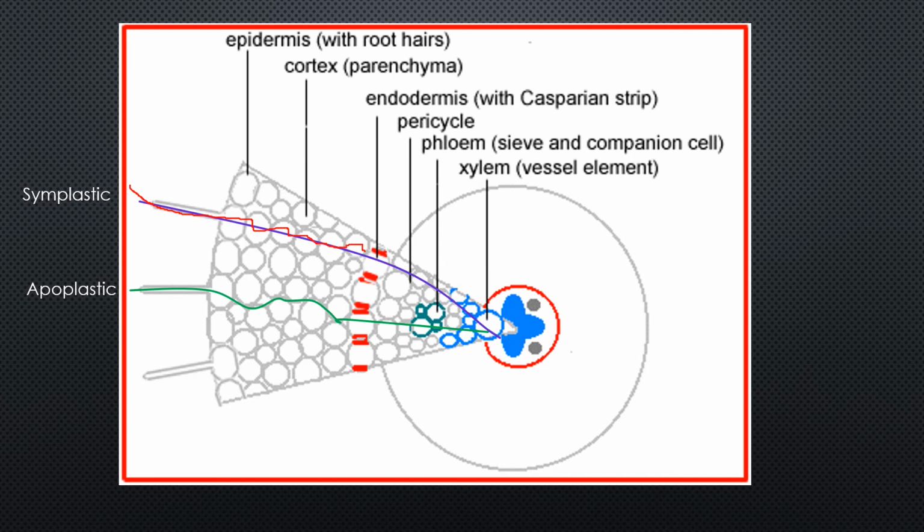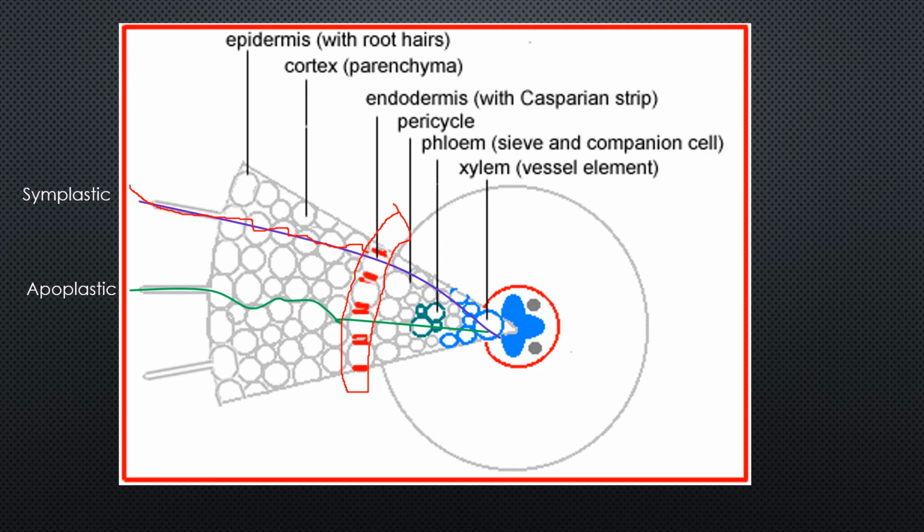And then it hits the endodermis. The endodermis is this particular layer right here that we've talked about. In the endodermis, there is what's called the Casparian strip. The Casparian strip is water impermeable, and it only goes around the outsides of the sidewalls.